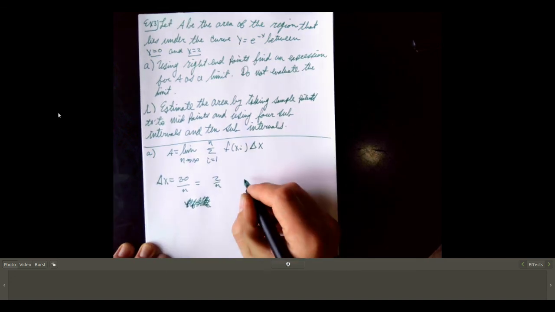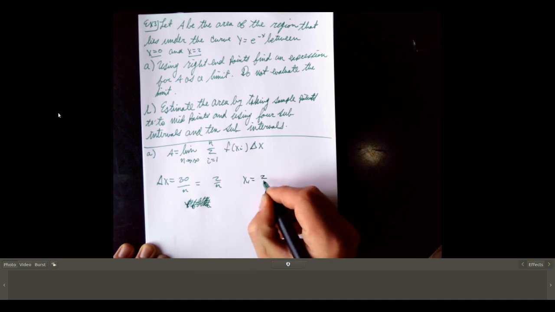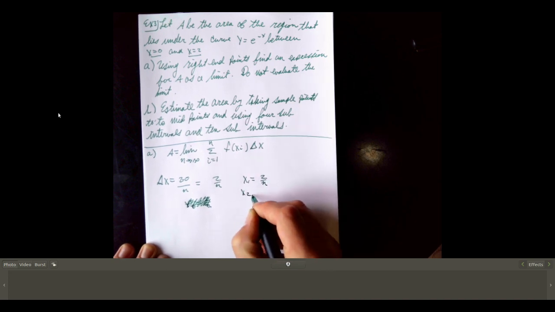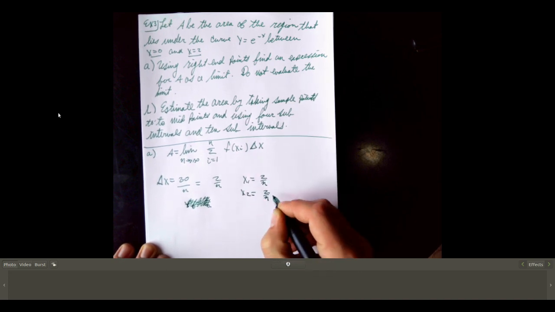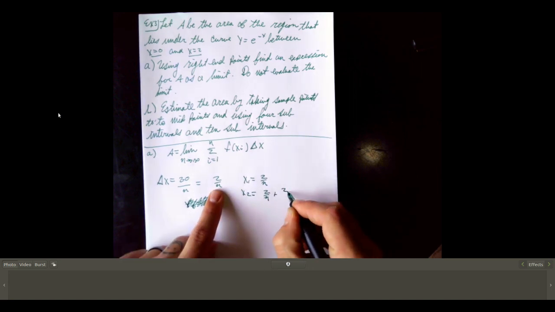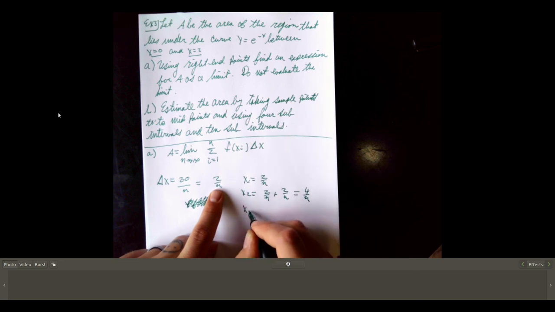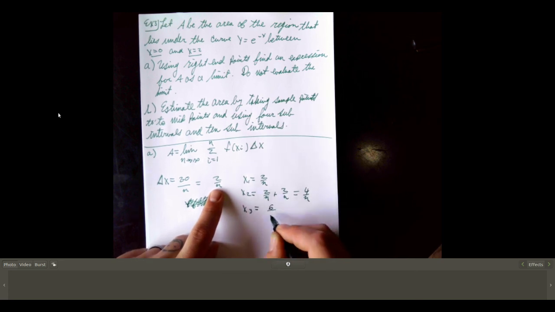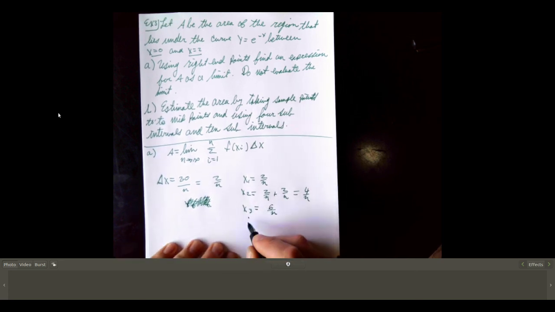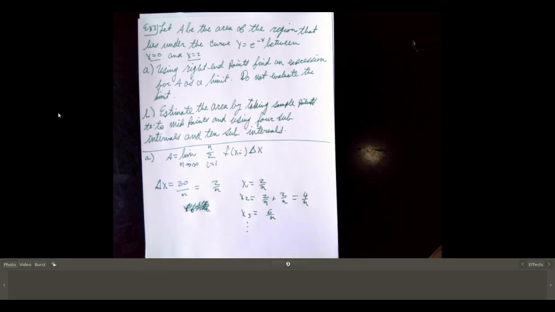That means x sub 1 is going to be equal to 2 over n, and x sub 2 is equal to 2 over n plus delta x, which is 2 over n, which is 4 over n. x sub 3 is going to be 6 over n, and we're going to keep on with that pattern.